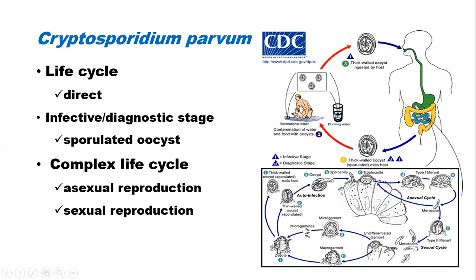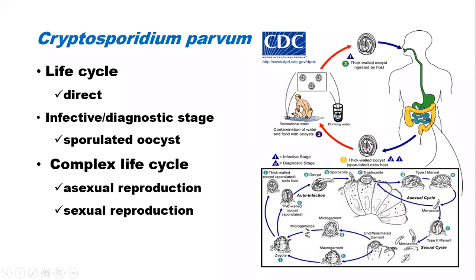Now, the zygote that is eventually formed when the microgamete fertilizes the macrogamete can have either of two outcomes. One is that it forms a thin-walled oocyst. Okay, so this zygote will develop further to form a thin-walled oocyst.